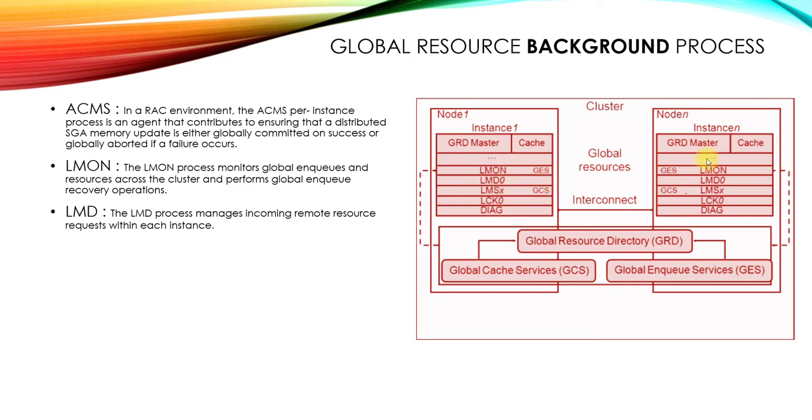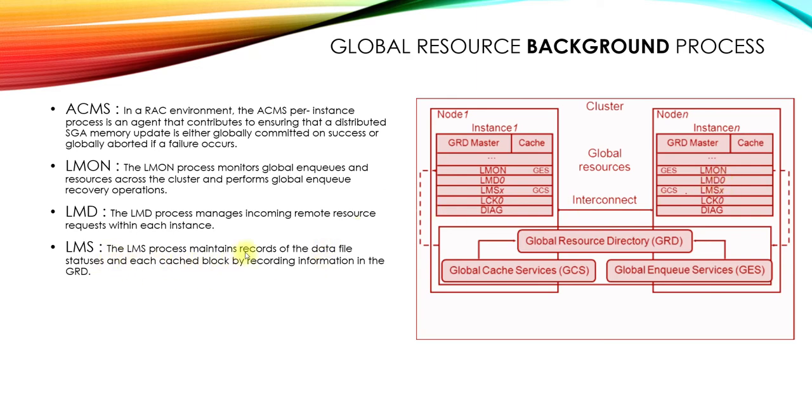LMD is running on this instance and this instance as well. When node 2 is requesting block 1 from node 1, the LMD process learns that node 2 is requesting block 1, and it replies accordingly. That's the LMD's working.